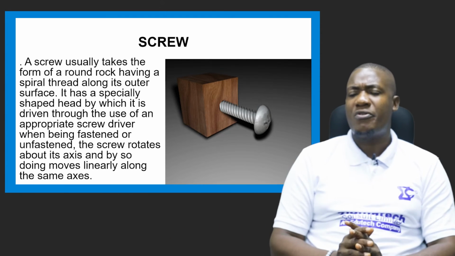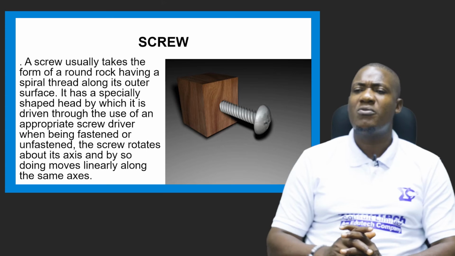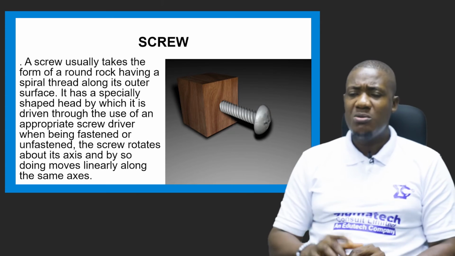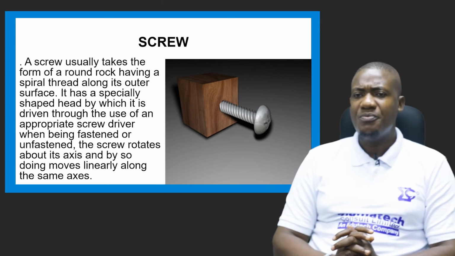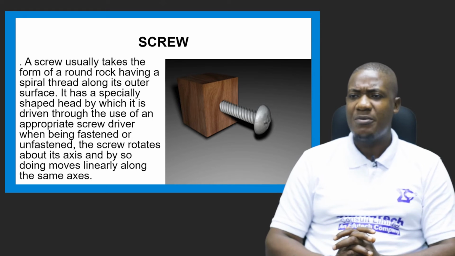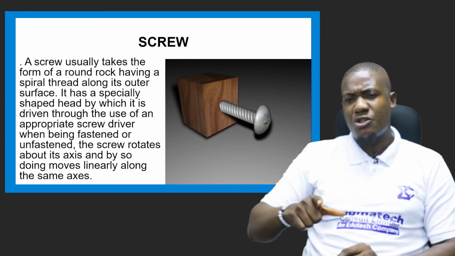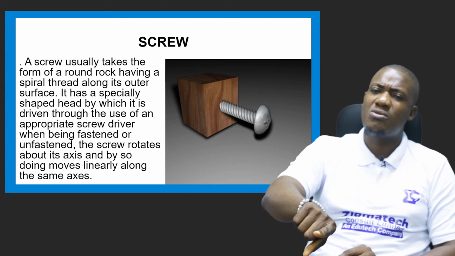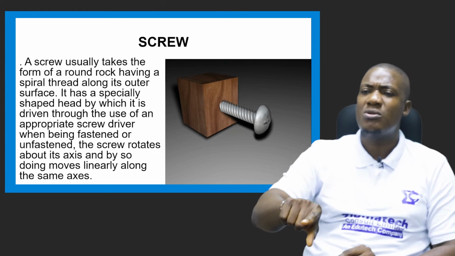In screws, for example, if you want to fasten a screw in wood, no matter the kind of screw it is, all you need to do is turn the screw. You can screw it in and unscrew it out, depending on what you want to do.